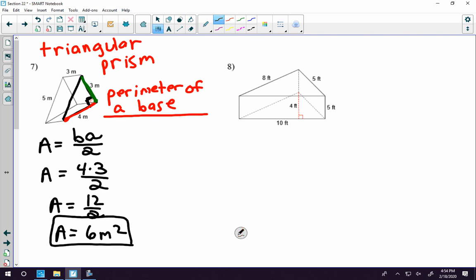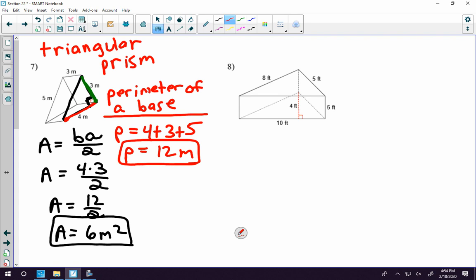Okay, so the perimeter of the base, which is a triangle, is going to be 4, the red segment, plus the green segment, 3, plus the black segment, which is 5 meters. So the perimeter around that right triangle is 12 meters, and that triangle is one of the bases.